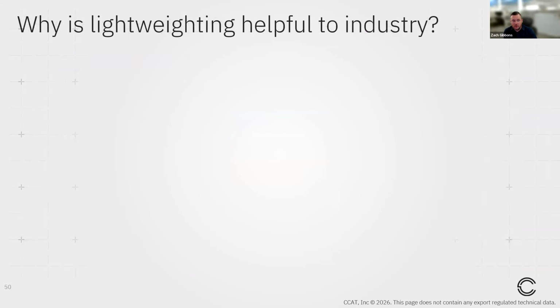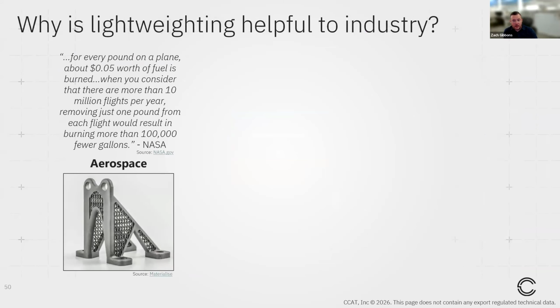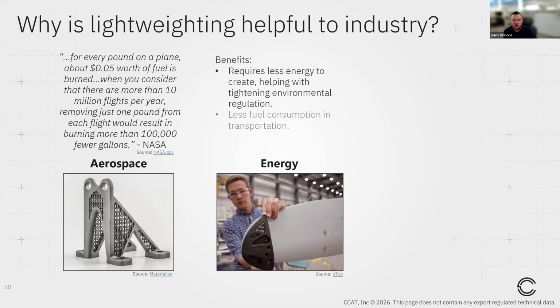So why is lightweighting helpful to industry? Well, according to NASA, we can save a lot of money pulling weight out of aircraft. We spend roughly 5 cents worth of fuel per pound on the aircraft. Saving 1 pound from each flight, considering 10 million flights a year, we're at about 100,000 fewer gallons we'd be saving.